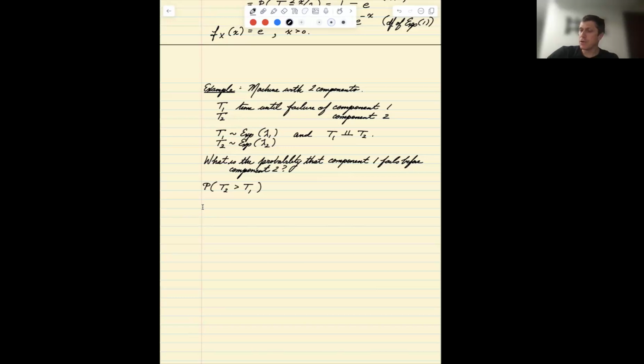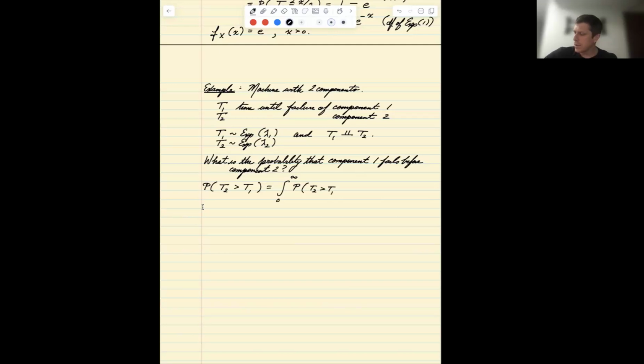Well, we have two random variables. And so generally speaking, we like to fix one and use conditional probability. So law of total probability. Integrate over all possible values of the failure time of the first component.